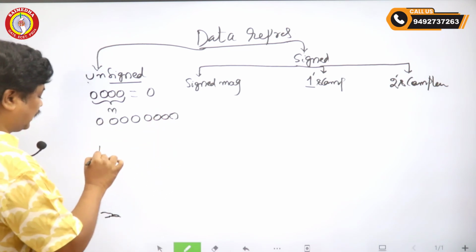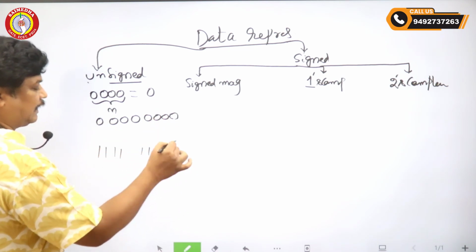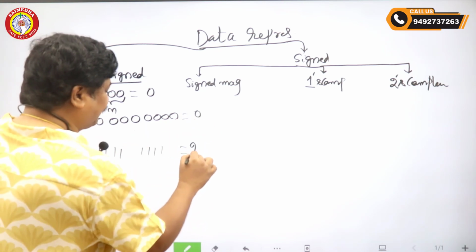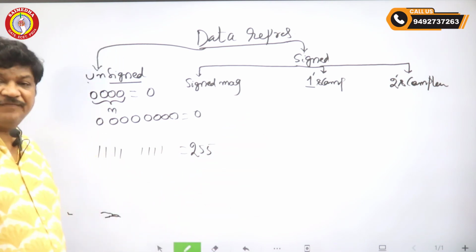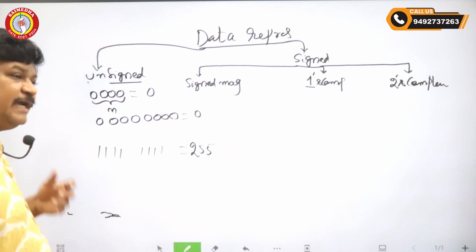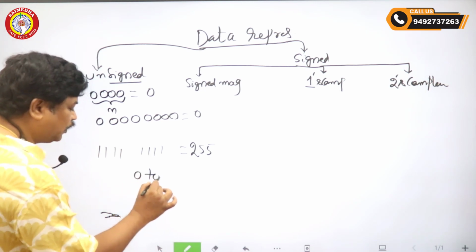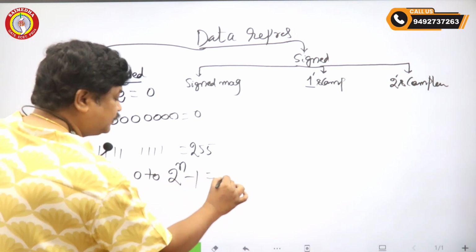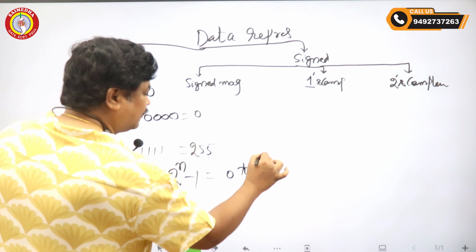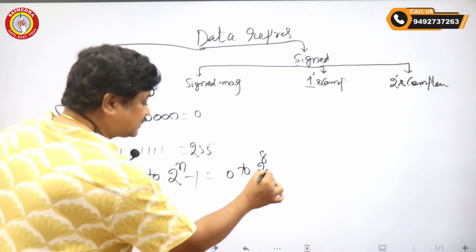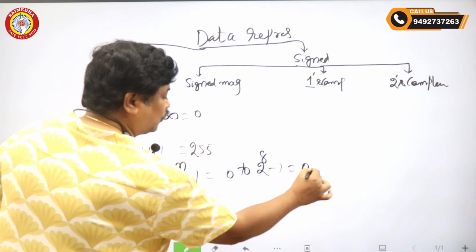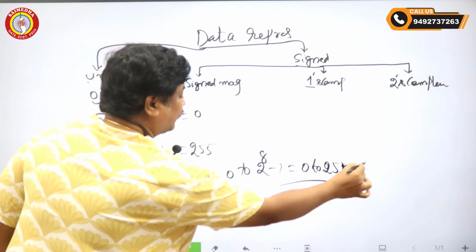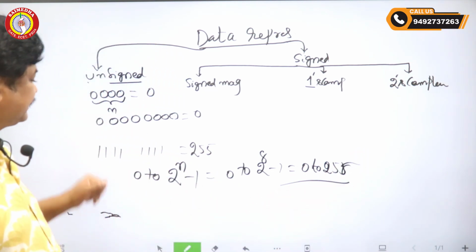The last one is 1, 1, 1, 1, 1, 1, 1, 1. What is this value? I think you may have studied: 255. So what is the range here? 0 to 2 power of n minus 1 is the formula. 0 to 2 power of 8 minus 1 is equal to 0 to 255. I hope you understand this.